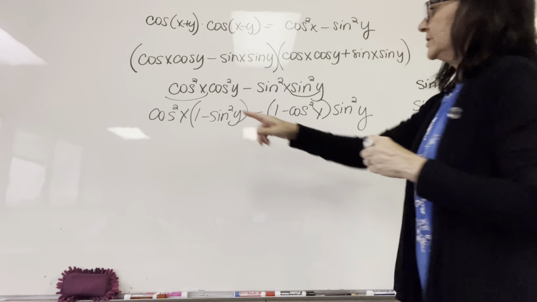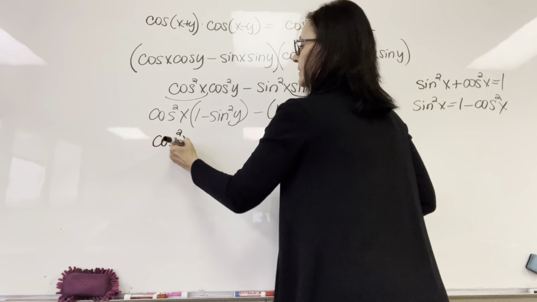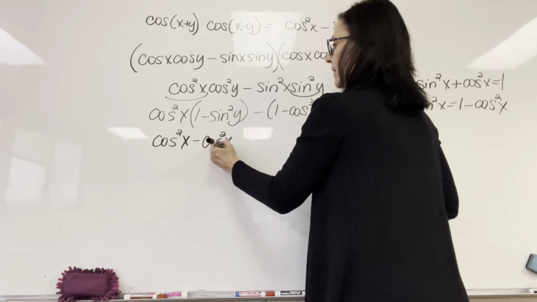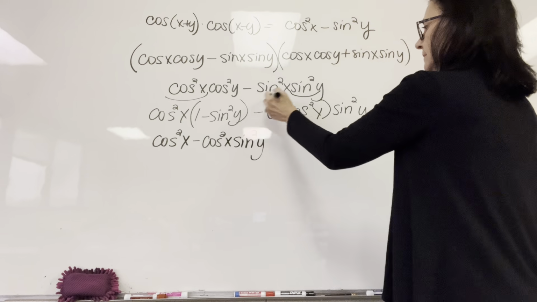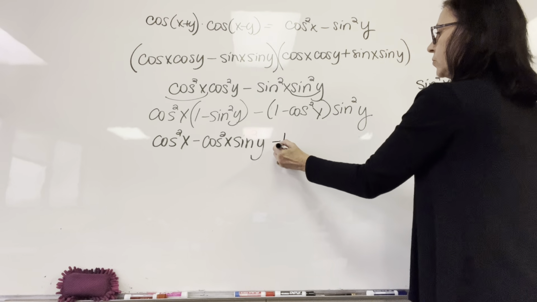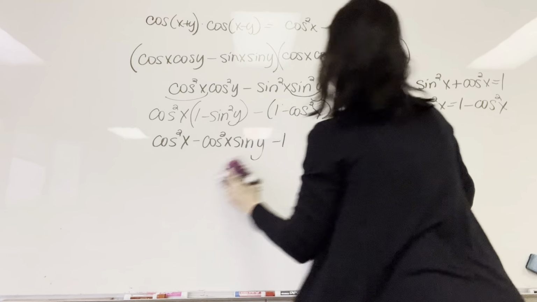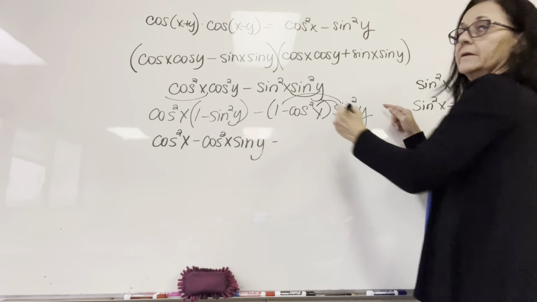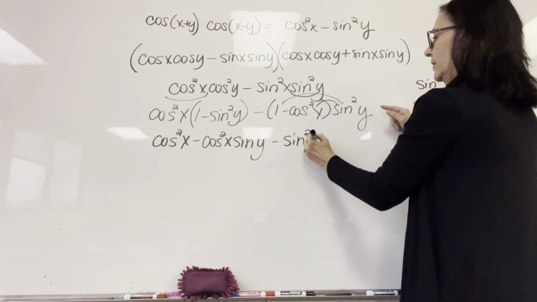All right, now let's distribute. We end up with cosine squared x minus cosine squared x sine squared y, minus, no, I'm distributing. That's going to be minus sine squared y.